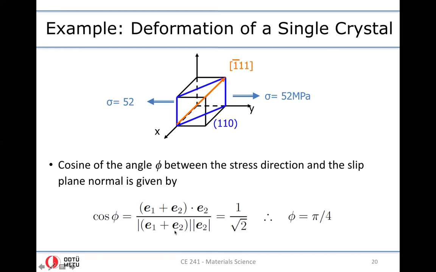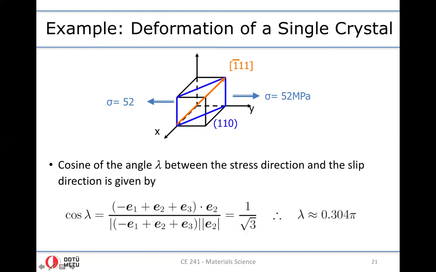They are perpendicular in the Cartesian coordinate system, and E2 dot E2 is 1. Length of the normal, which is denoted by E1 plus E2, is equal to square root of 2. The length of the E2 is 1. Therefore, cosine of phi is given by 1 over square root of 2, which is, of course, the angle that corresponds to 45 degrees, or in radians, pi over 4.